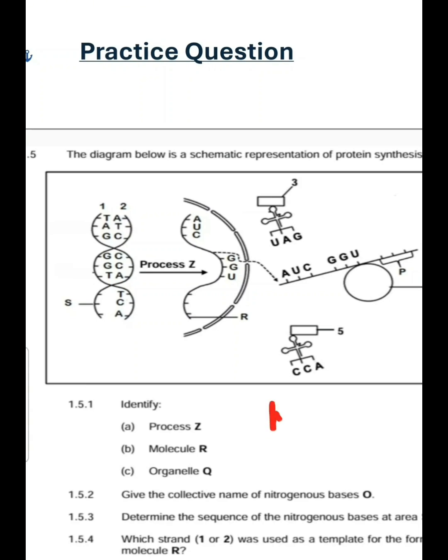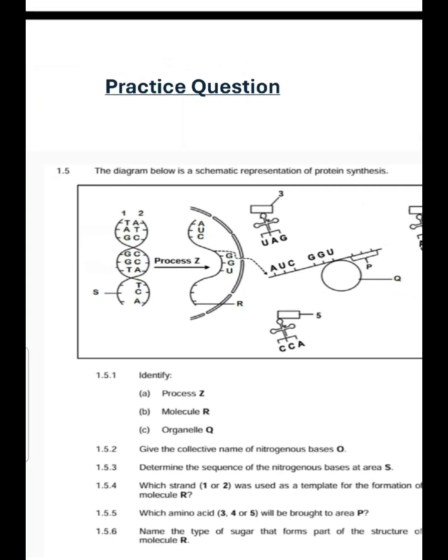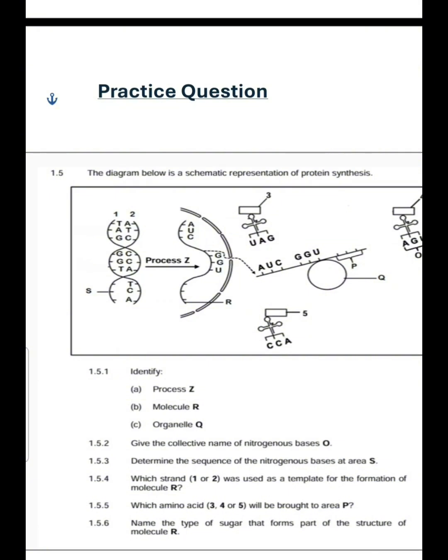I hope you understand that. Let me make it clear for you once again. On this DNA, A will always go with T, that's AT. But on mRNA, it will go as AU. Okay, so you should know that.